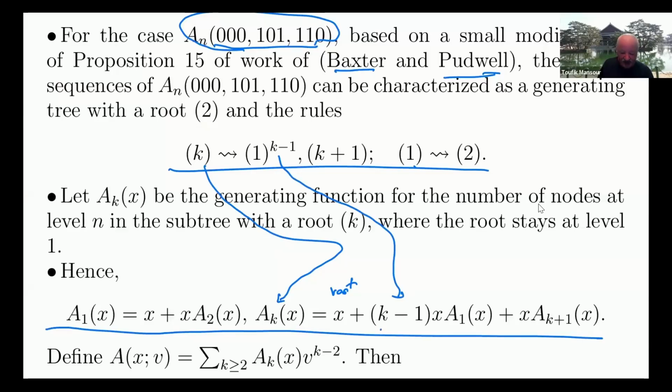So x, because I move to another level, a_1, because here 1. And k plus 1, it's exactly x times a_{k+1}. And also a_1, in the succession rules of 1 gives 2, is a_1 equals x plus x a_2.